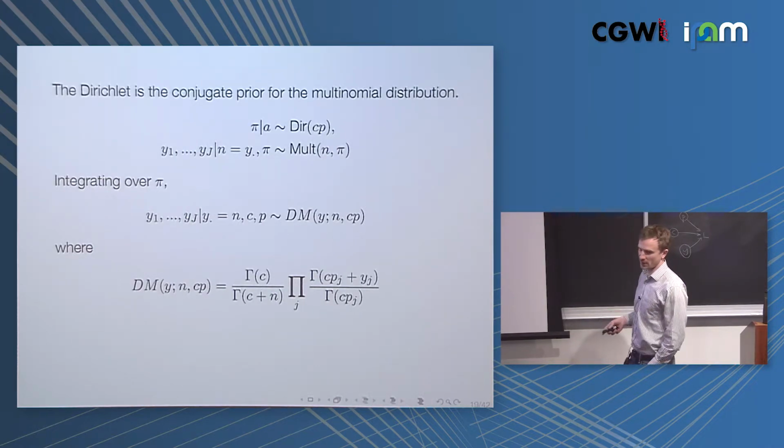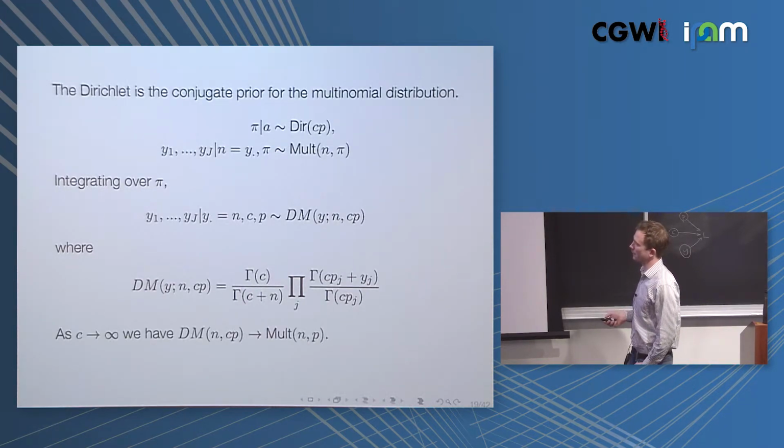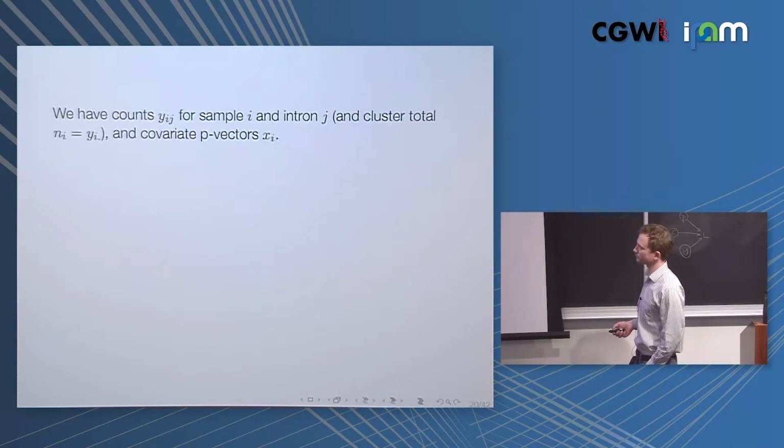And the y's are going to correspond to the counts that we model for the spliced reads. And the functional form is pretty simple, which is also nice. If you take C, that concentration parameter, to infinity, then the Dirichlet-multinomial just reverts to being a multinomial.